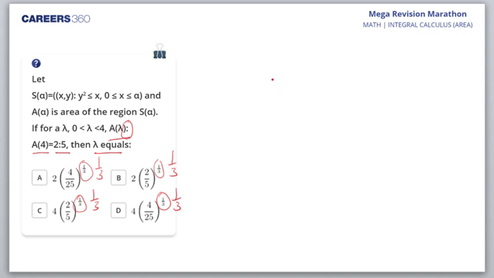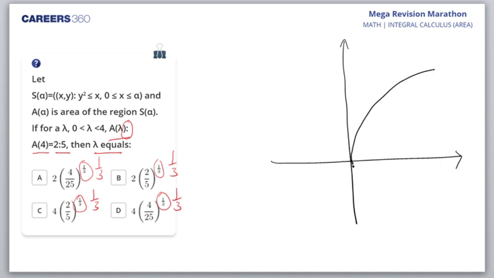So let us do this last question with the full energy and full enthusiasm, okay. We have y square is less than equal to x, so it's a right hand parabola. So I make a right hand parabola, okay, and lambda lies between 0 and 4, okay.